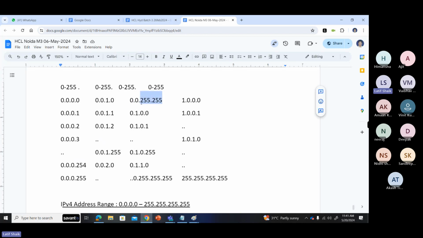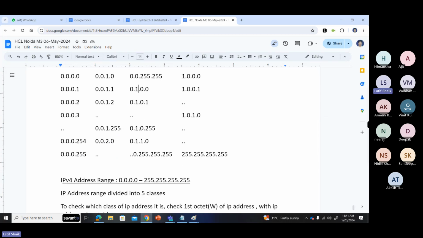It goes up to 0.0.255.255. When two octets are completed, then 1 shifts to here: 0.1.0.0, 0.1.0.1, 0.1.0.2, 0.1.0.255 and 0.1.1.0, 0.1.1.255, 0.1.2.0, 0.1.3.0. It keeps going to 0.1.255.254, 0.1.255.255, then 0.2.0.0, 0.2.0.1, 0.2.0.2, and it keeps going up to 0.255.255.255.